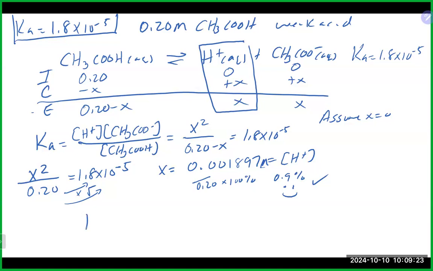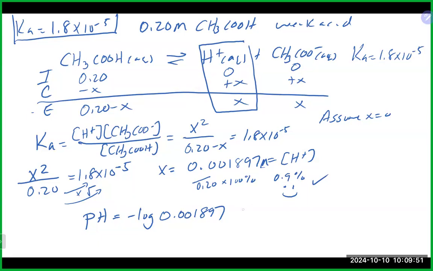So that means we could go directly into our pH. pH equals minus the log of basically 0.001897, I believe. And that will get us here. Minus the log of that there.